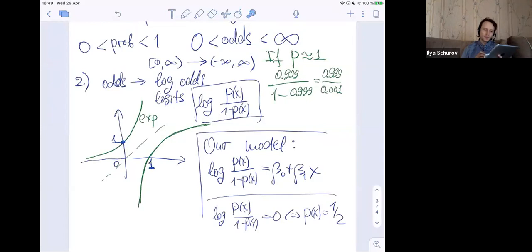So in a sense, this thing is rather natural. If it is positive, then the probability of getting 1 is larger than 1/2. If it is negative, then the probability to get 1 is less than 1/2. So this is a rather natural symmetric situation, symmetric function.